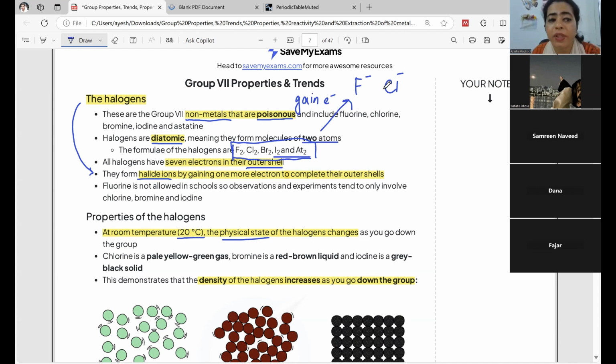Those anions are known as halide ions. Halide means whatever the name of the halogen is gives the name to the halide. Fluorine gives the name fluoride to F negative, chlorine gives the name chloride to Cl negative. So fluoride ion, chloride ion, bromide ion, like this.